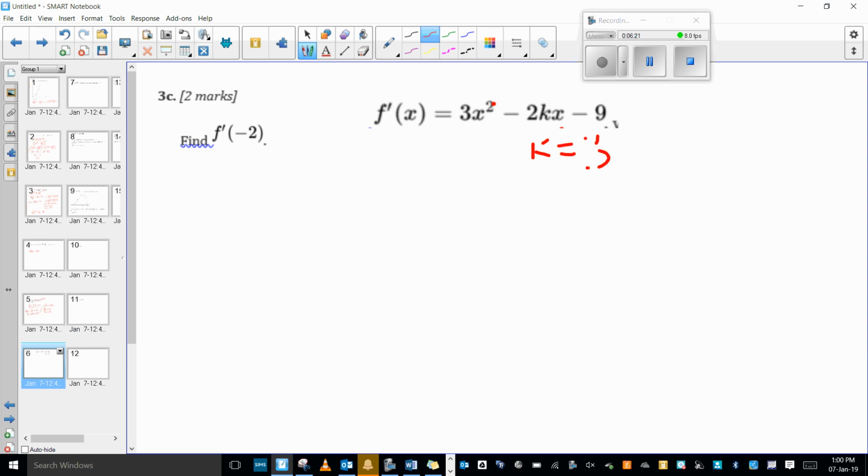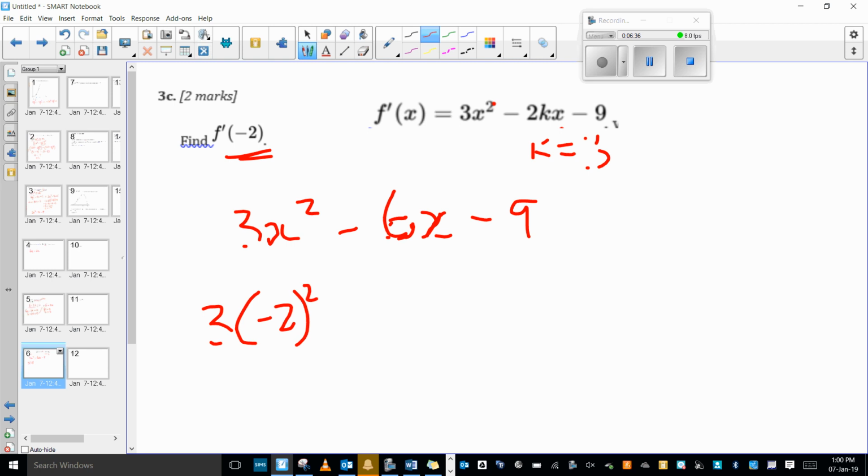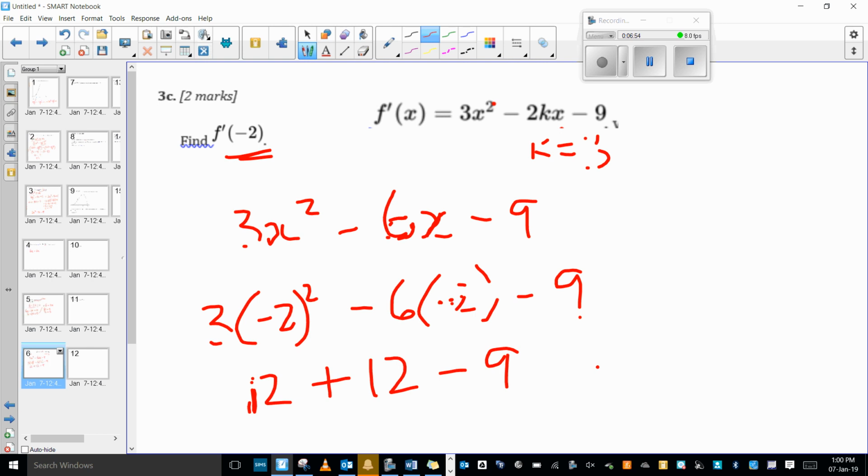So we've got 3x squared minus 6x minus 9. So that's the f dash x. And now we need to substitute negative 2. That's 3 lots of negative 2 squared minus 6 lots of negative 2 minus 9. So negative 2 squared is 4, multiplied by 3 is 12. Negative 2 multiplied by negative 6 is plus 12, minus 9. So it's 24 minus 9 is 15.